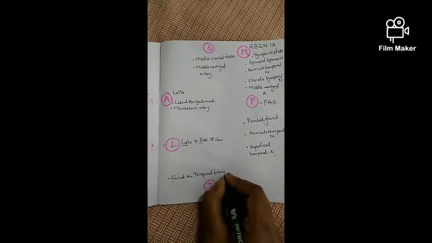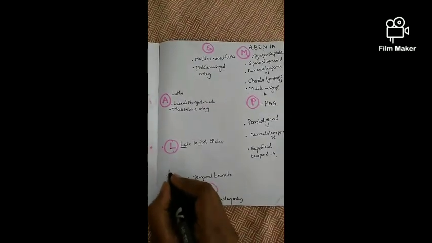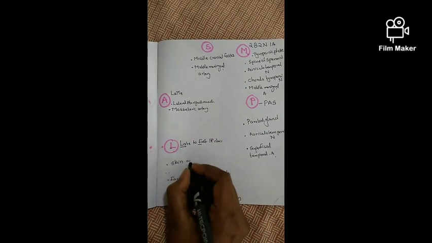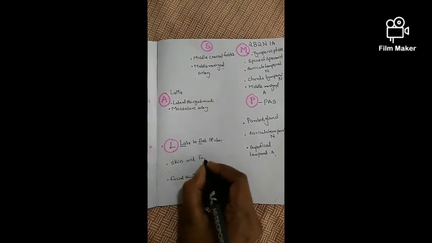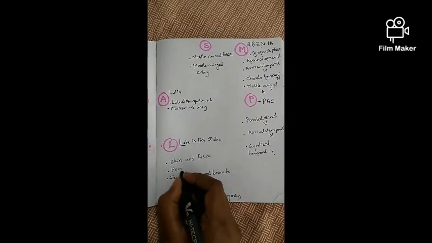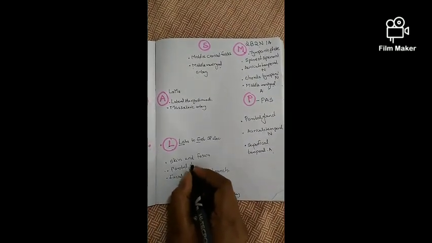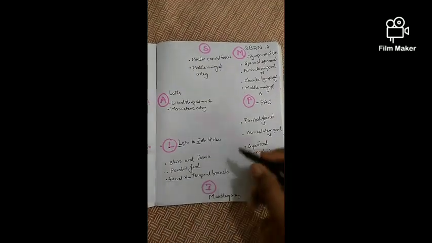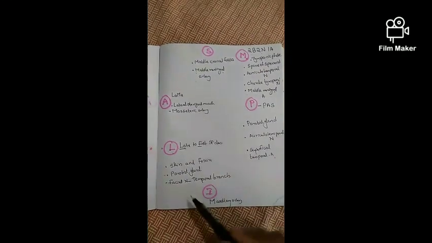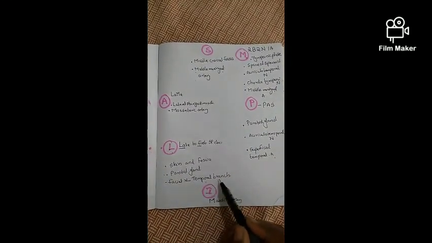Then S, that is skin and fascia, and P, that is the parotid gland. So laterally also three relations: skin and fascia, parotid gland and the temporal branch of the facial nerve.